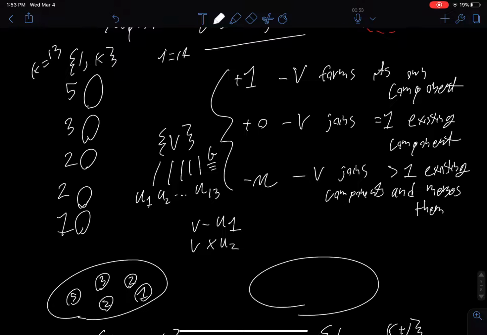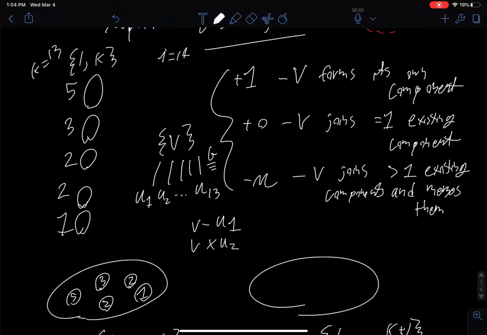Well, if we have edges from V to every single one of the U, U1 through U13, then that means that in the complement of G, there is no edge from V to any connected component.